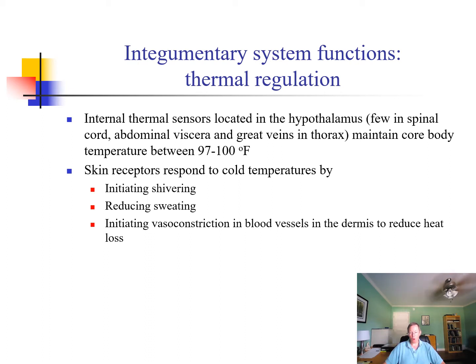If I'm cold, then I can shiver, that is to move muscles back and forth without actually causing much in the way of movement, but it does generate heat that can be used to warm me. I can reduce sweating and even vasoconstrict blood vessels so that I don't take that precious heat and move it to the external side.